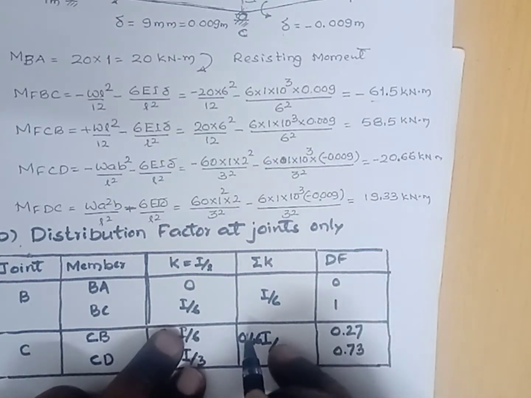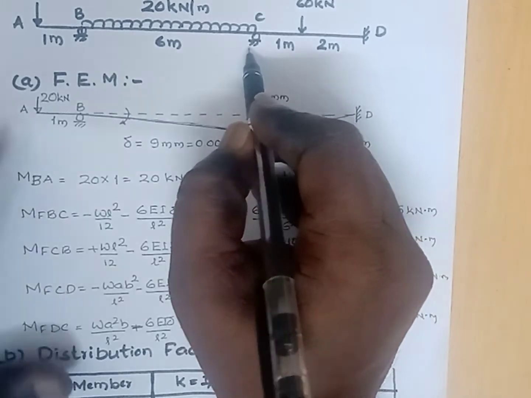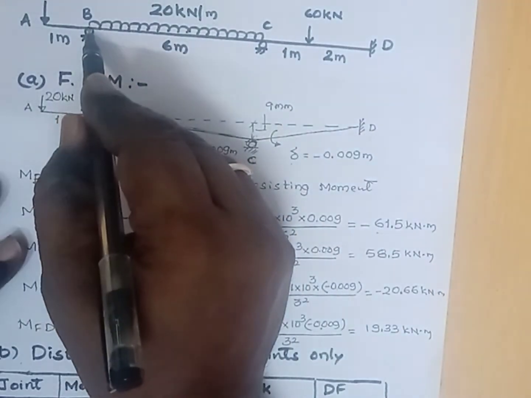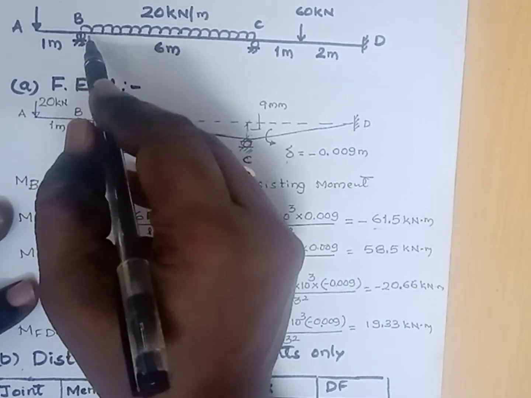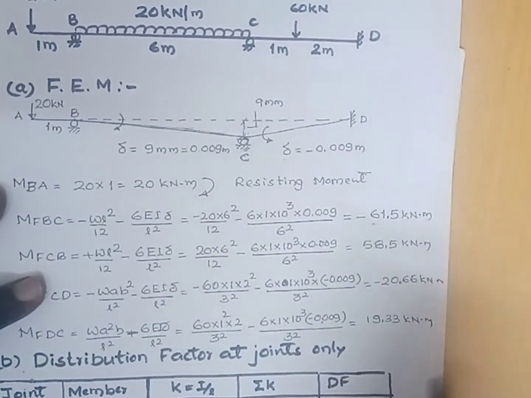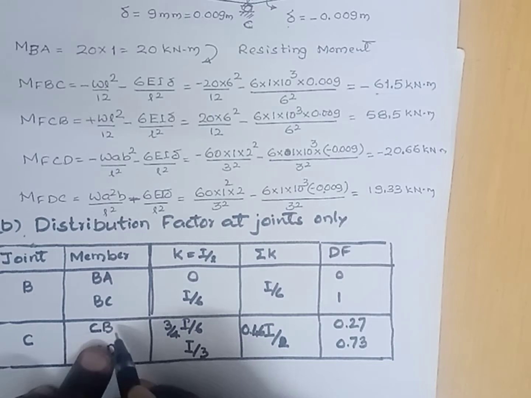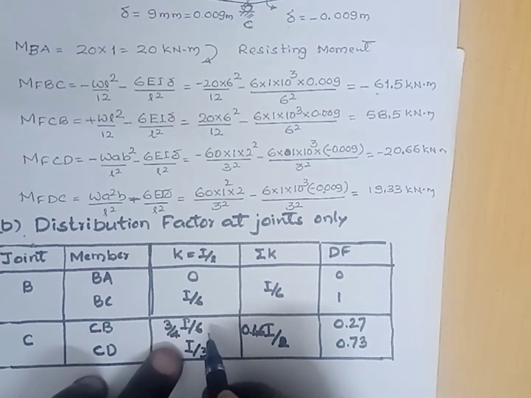Then, for C, with respect to C, B is on roller or hinge or simple support. Then you have to reduce the relative stiffness value, that is for CB, 3/4 of I by 6.